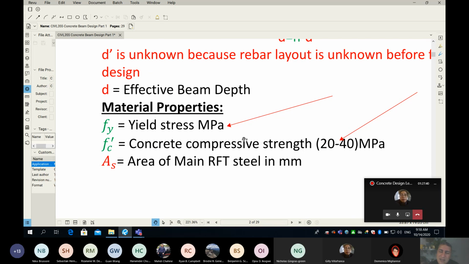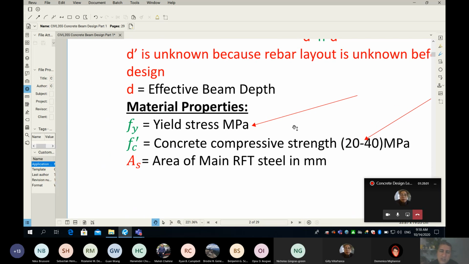So it is not really a mathematical unknown like the ones used last year in XYZ. This is different. This is strength of material, and it's not an unknown that can go from minus infinity to plus infinity. We have very specific grades that we must pick from, and one of them is the most popular, most made. So in our design we use f sub y equal to 400.